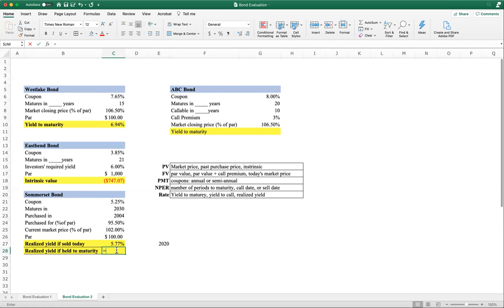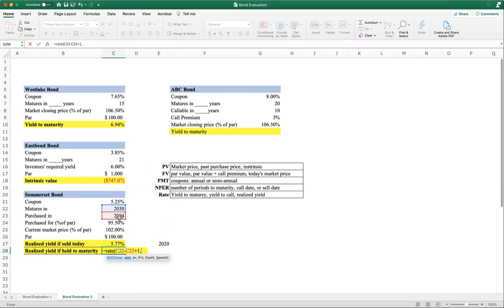So let's do that. Of course, realized yield is still calculating the rate, it's time value of money. So let's plug in the 4 numbers. The number of periods is going to be maturity year minus when you purchased it plus 1, okay? Because you're going to hold until the end of the year. The last payment will be the last coupon plus the principal, okay?